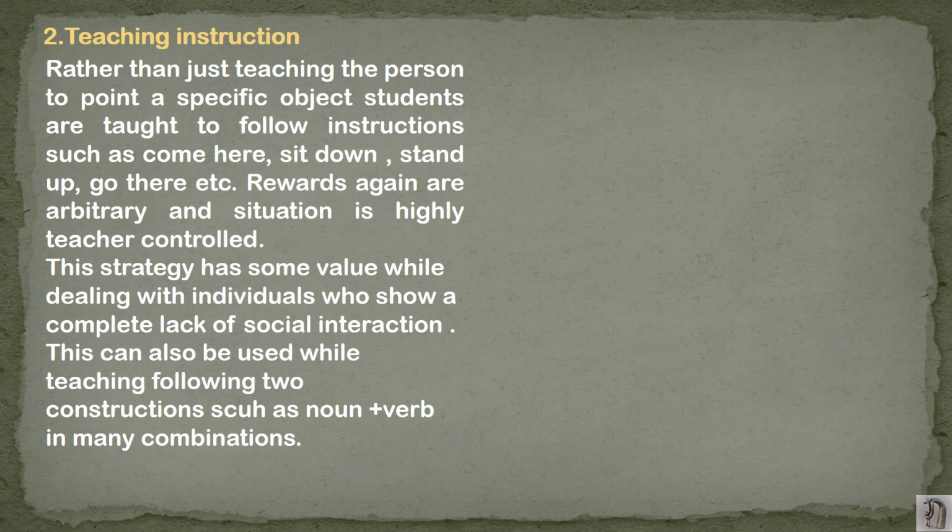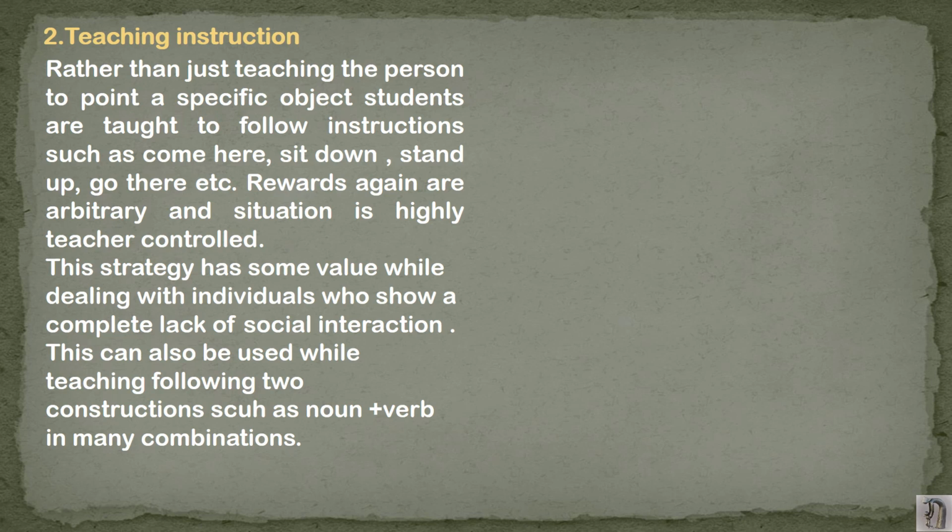That's what I said in the beginning. It's teamwork, it's a correct assessment, then only you can treat. So if the child, for example, doesn't have social interaction, you can start with teaching instruction, because that is also a part of speech therapy modalities. This can also be used while teaching how to construct the noun and the verb.